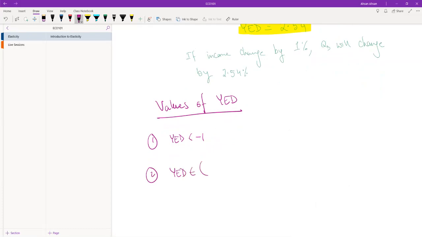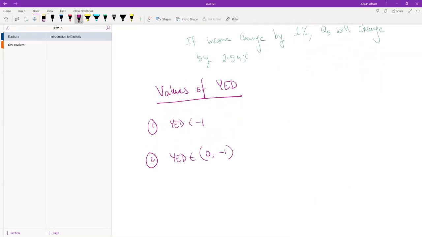YED can be between 0 and -1, or actually let's write this -1 to 0.